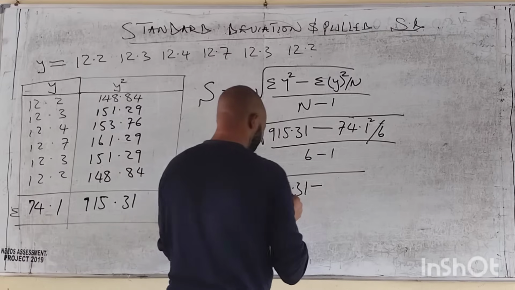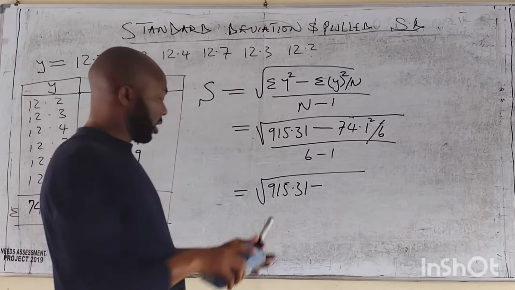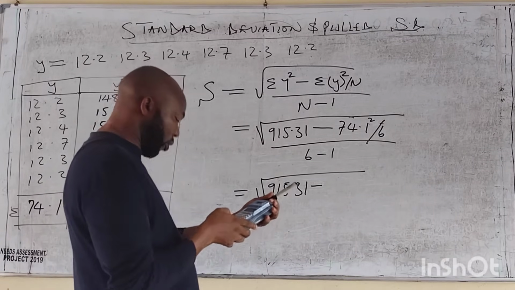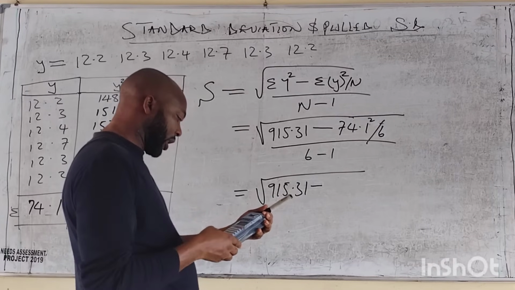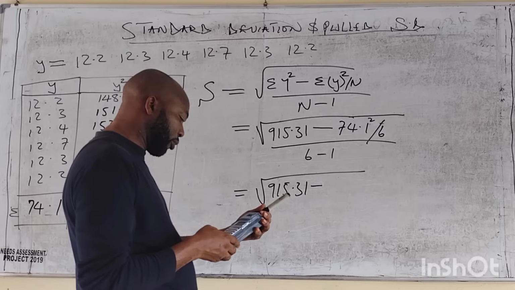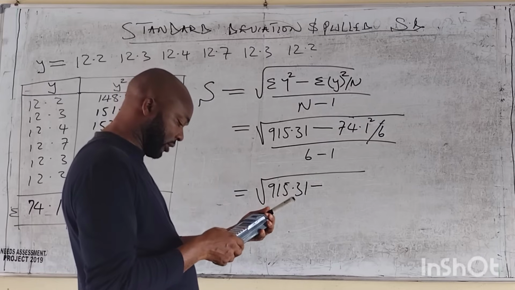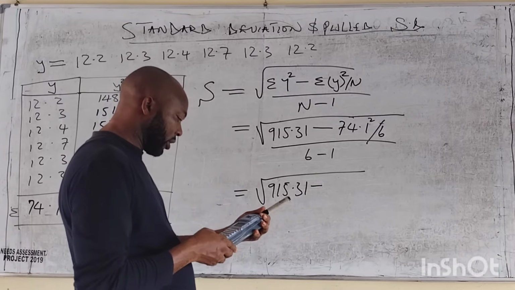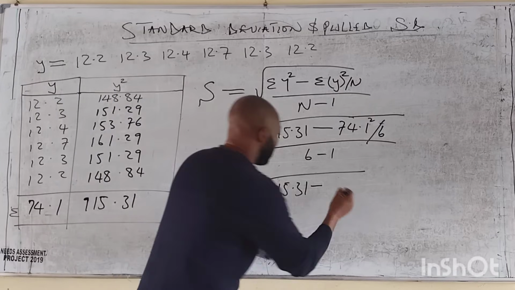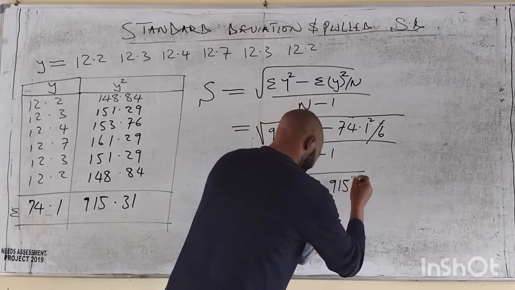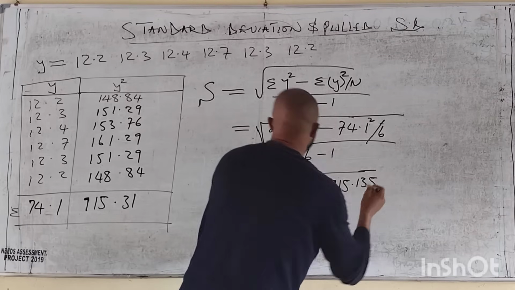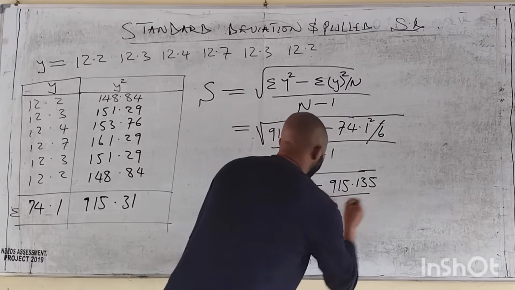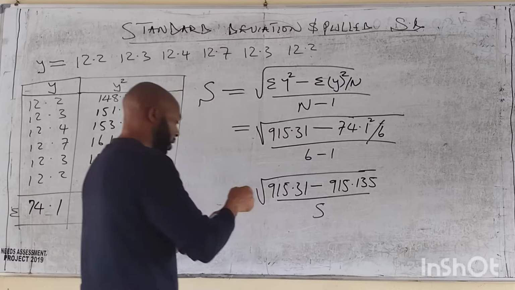915.31 minus 74.1 squared, which is 5490.81. Divided by 6 is 915.135, all over 6 minus 1.